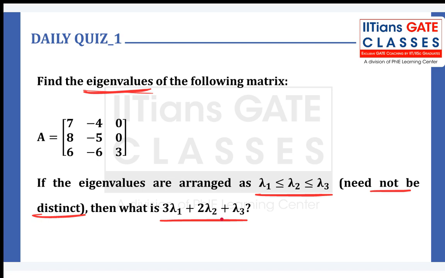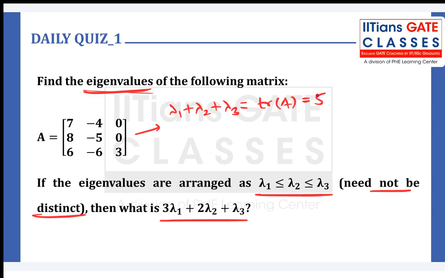Now usually students who know some properties of eigenvalues tend to use the property where the summation of eigenvalues is nothing but the trace of this matrix A. Here the trace comes out to be plus 5, because 7 minus 5 plus 3 is 10 minus 5, which is 5.